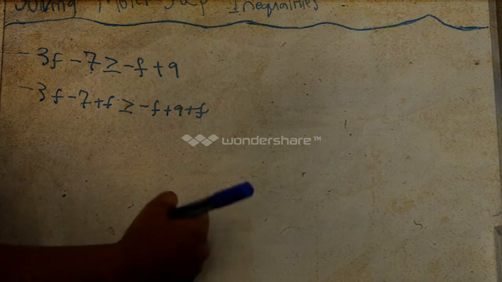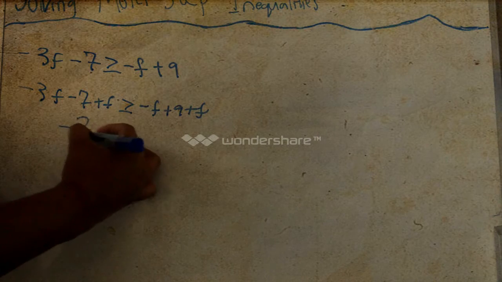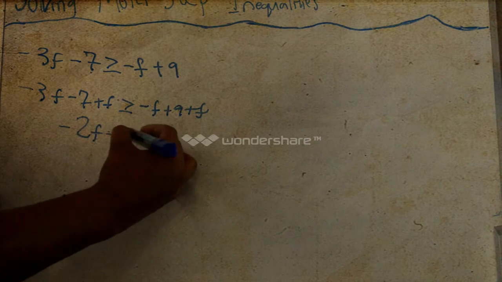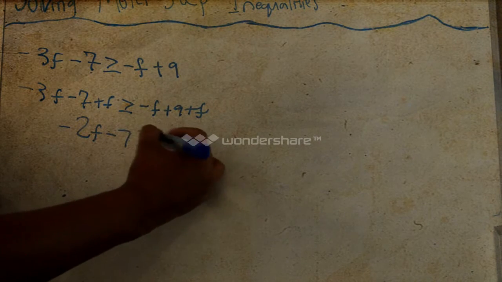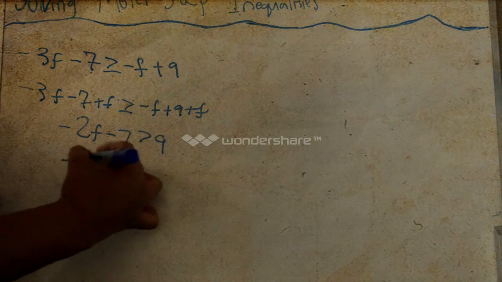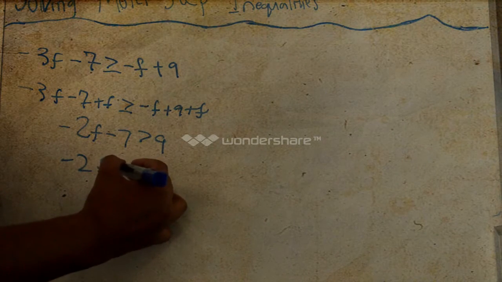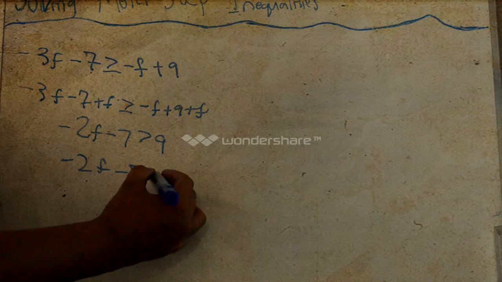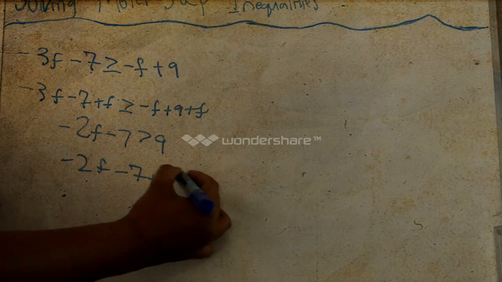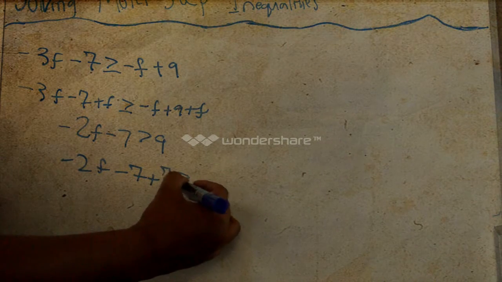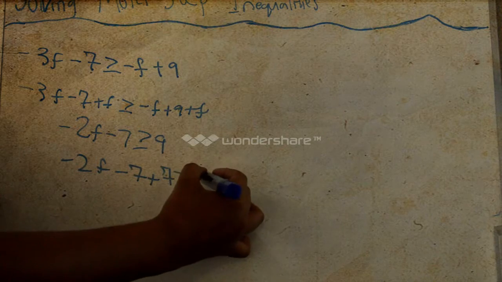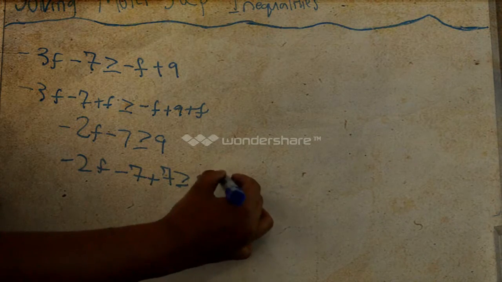We add f to both sides. So negative 2f minus 7 is greater than 9. Then negative 2f minus 7 plus 7 is greater than 9 plus 7.